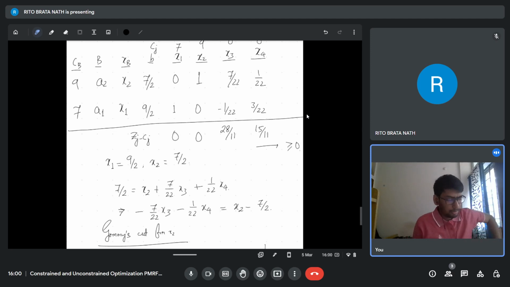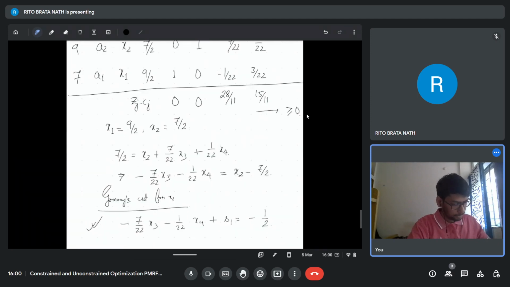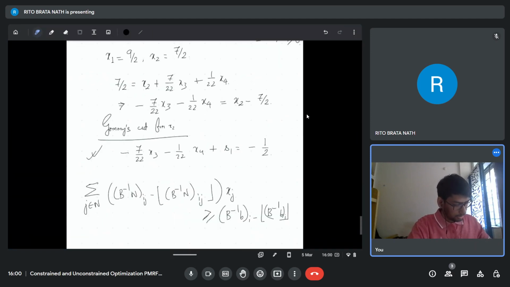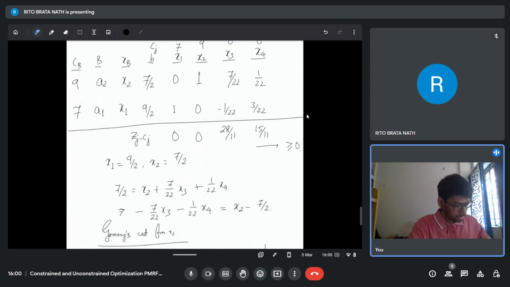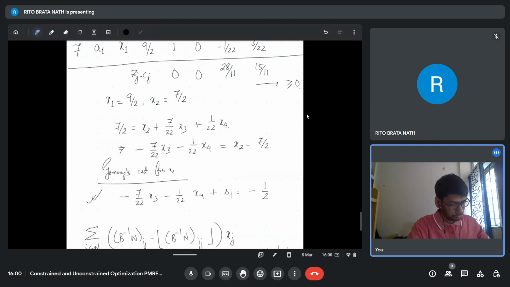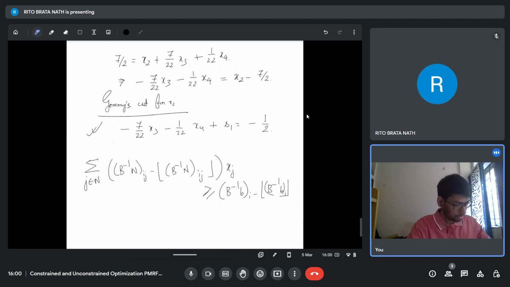So when you do it for x2, you're left with small b minus floor of b, so that's 7 by 2 minus 3, so that's half.